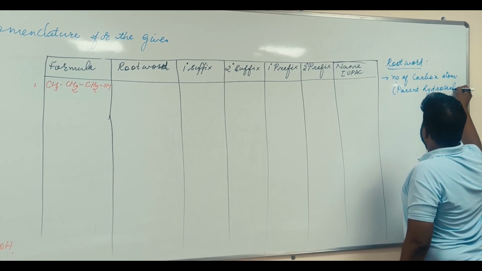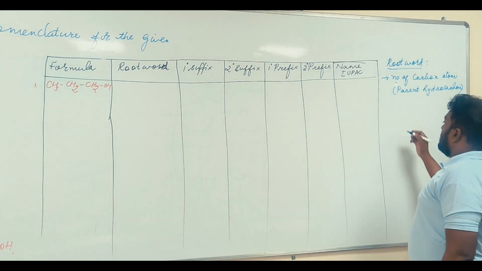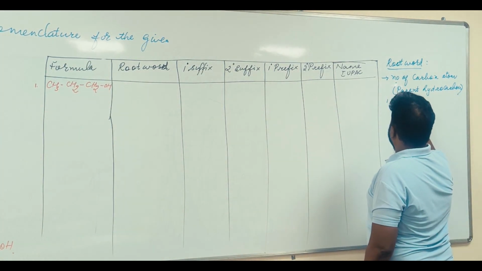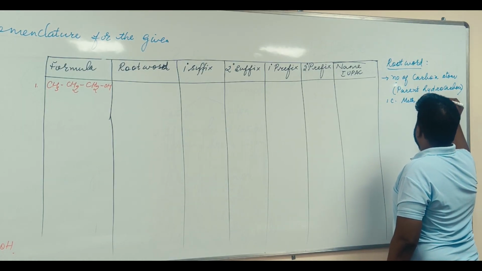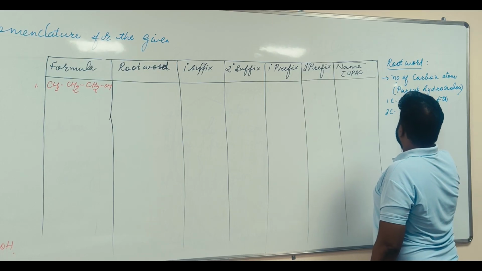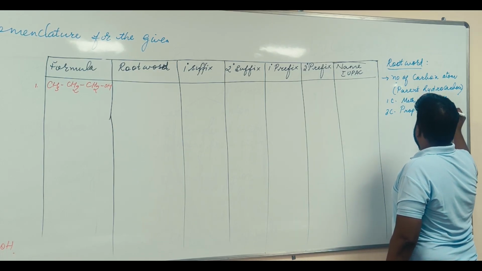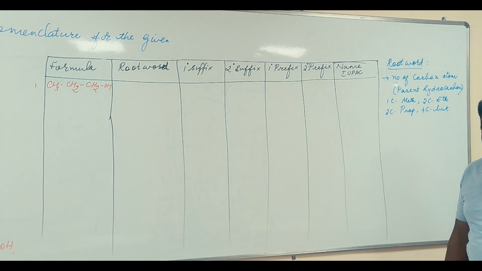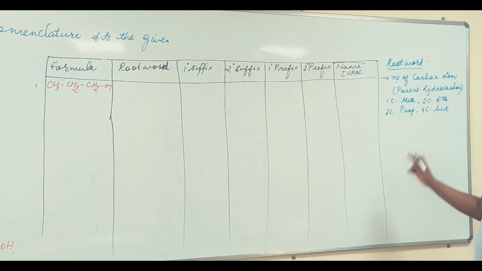If one carbon is present, then it is meth. If two carbons are present, eth. If three carbons are present, then it is prop. And if four carbons are present, then it is but. Like that it keeps going on. So the number of carbon atoms implies the root word.